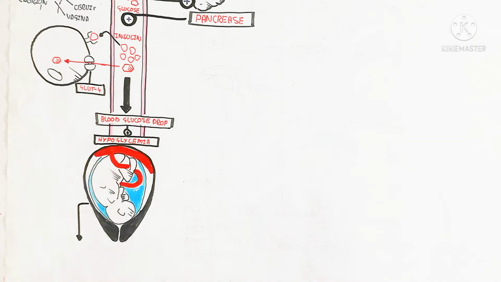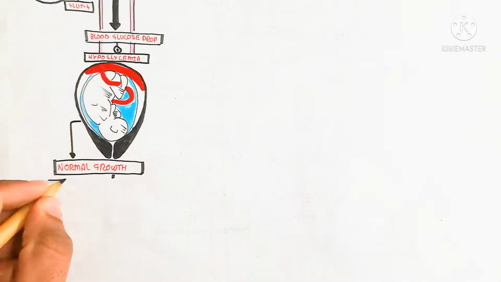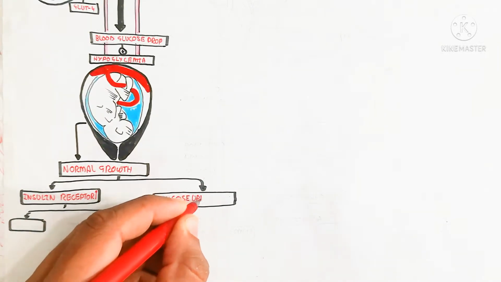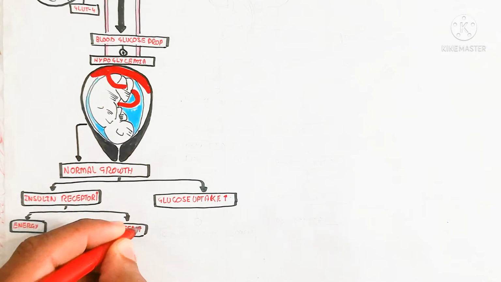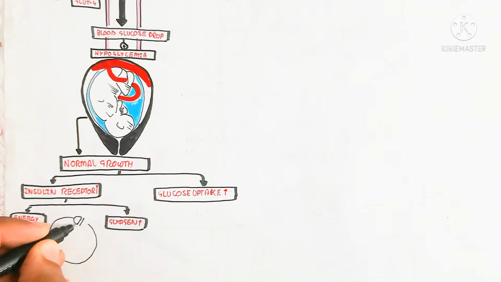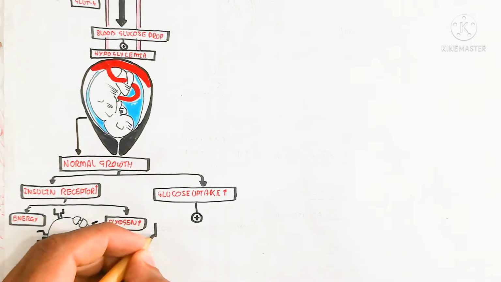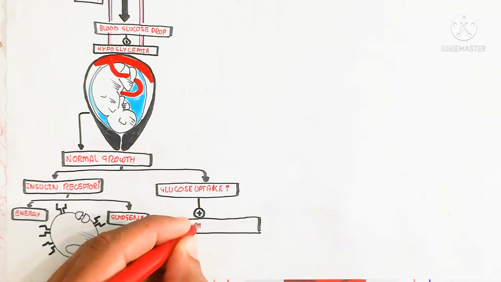You can see that for normal growth of the fetus, the insulin receptors increase in the fetal cells to increase energy as well as glycogen formation, and glucose uptake will be increased for growth and development. That is why the insulin receptors of the fetal cell will be increased.